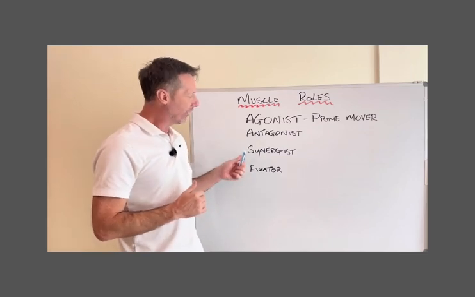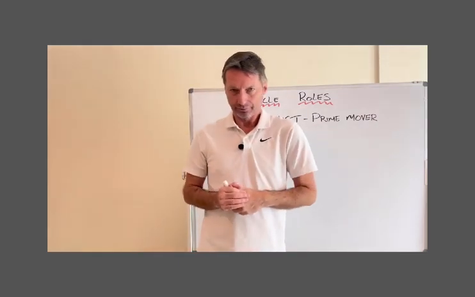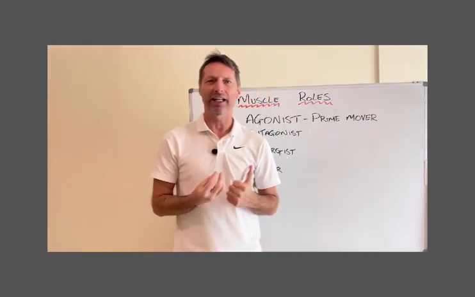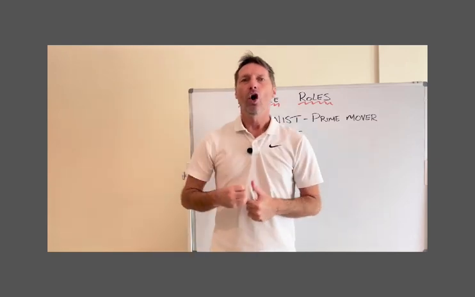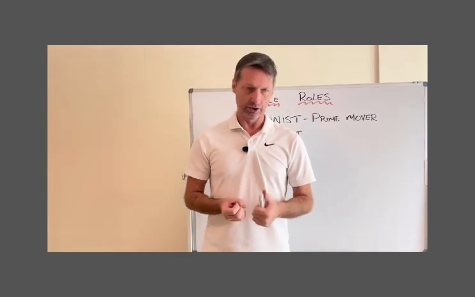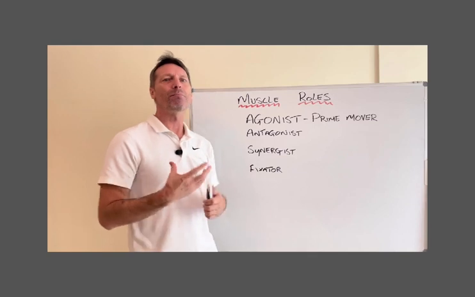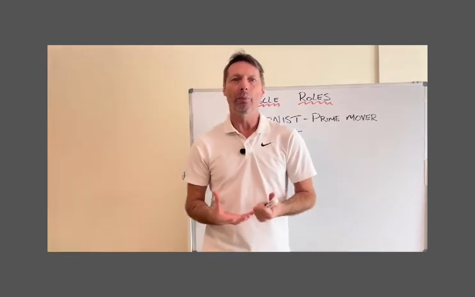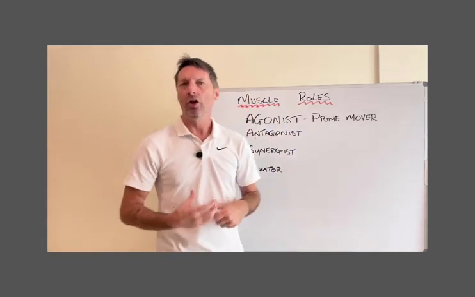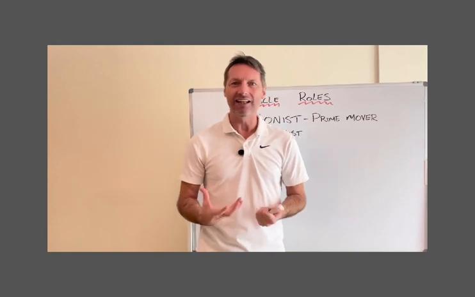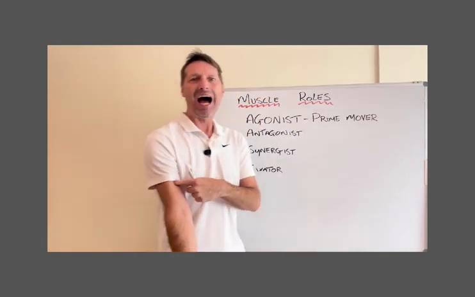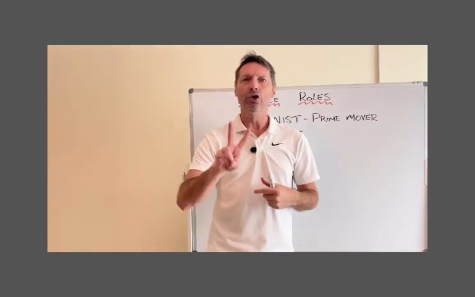Now, we're looking at the synergist. So this is why I keep telling you, you need to know your muscles. So the synergist is a muscle that's going to help another muscle, the agonist, create that movement. So bicep meaning two.